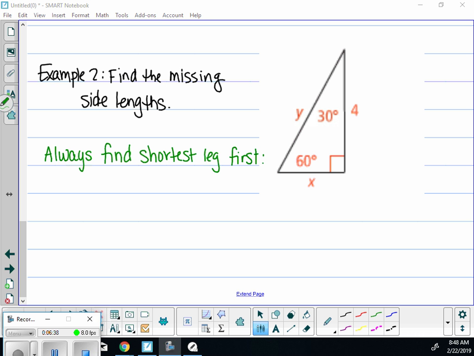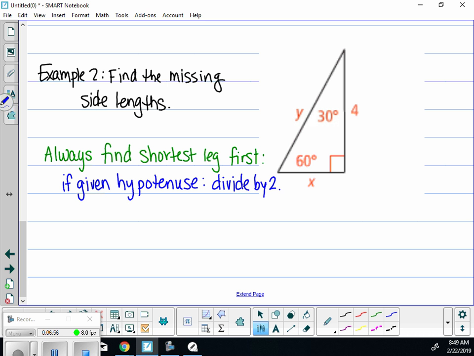So depending on what you're given, if you're given the hypotenuse, you just have to divide by 2 to find the shortest leg. If you're given the longer leg, you have to divide by the square root of 3.